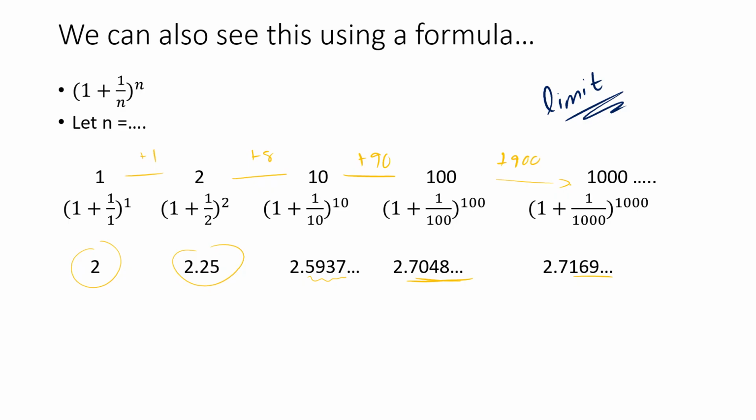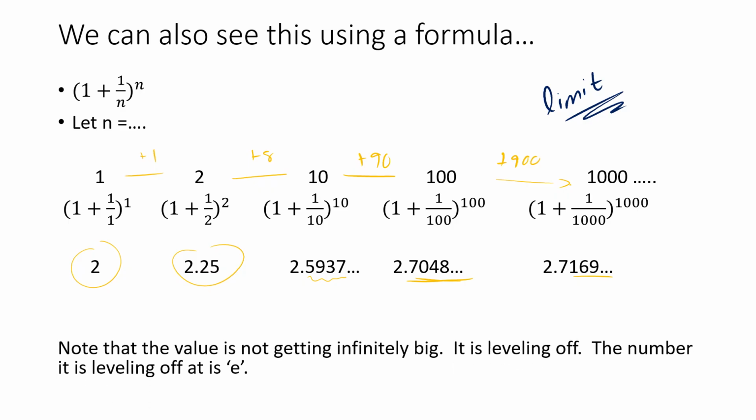It seems to be leveling off somewhere. Note that the value is not getting infinitely big, even though I am really pushing what n is. It is leveling off. It does not appear like this is going to go past 2.7.